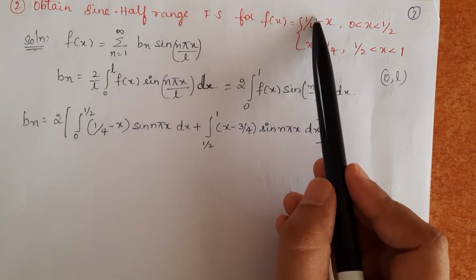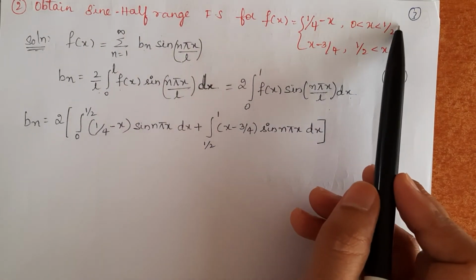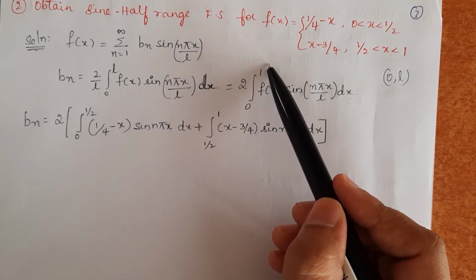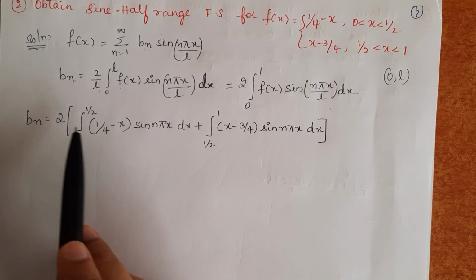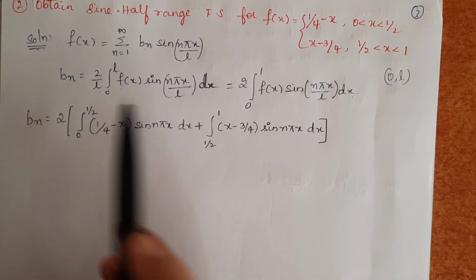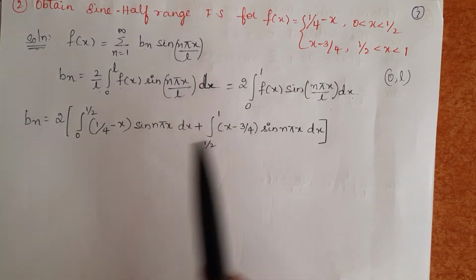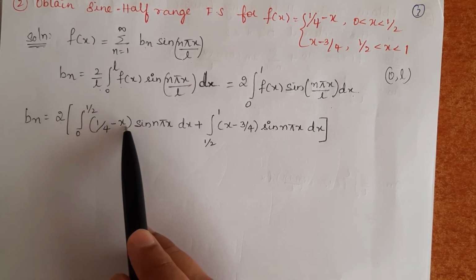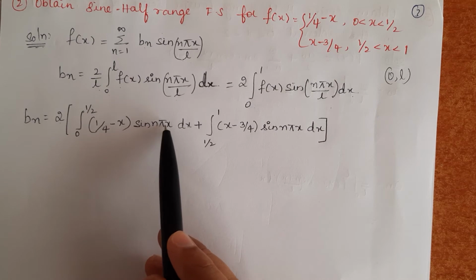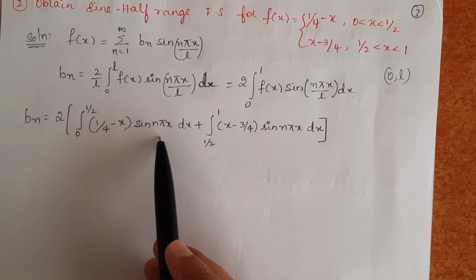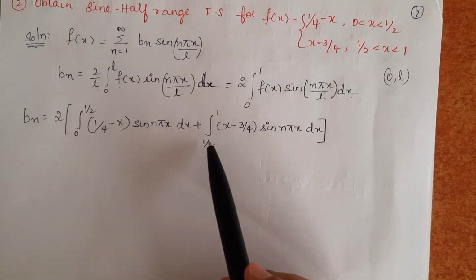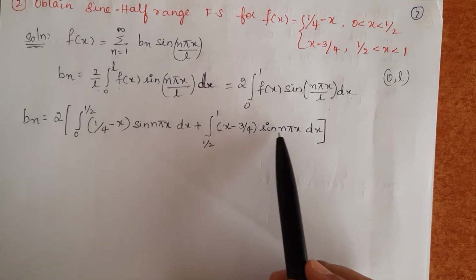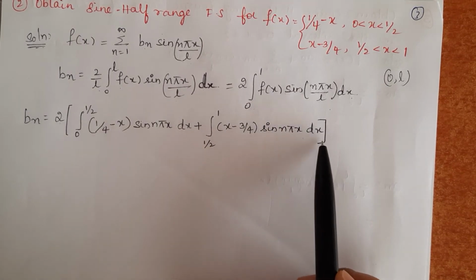But here f of x is split into 0 to half and half to 1. So, this integral has to be split as 2 times integral between 0 to half and half to 1. Between 0 to half our function f of x is 1 by 4 minus x into sine n pi x, L value is 1. Between the limits half to 1, my function f of x is x minus 3 by 4 into sine n pi x into dx.